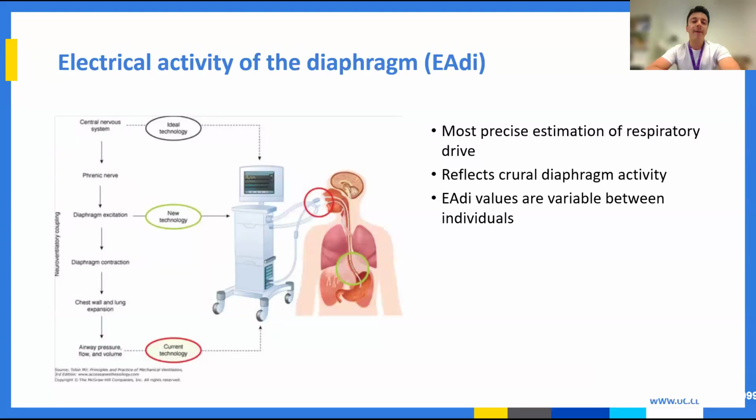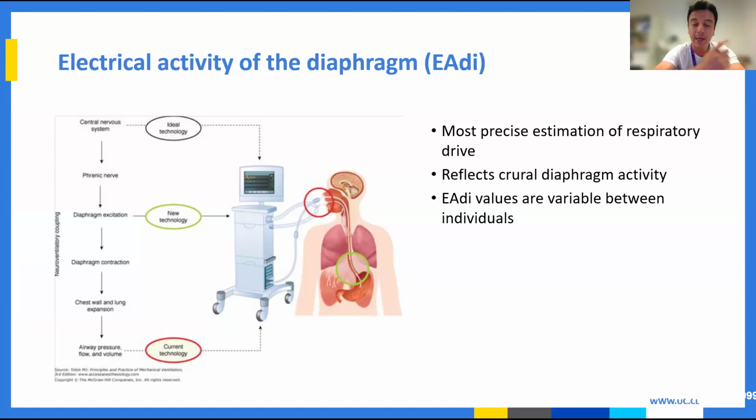One of the other invasive measurements is the electrical activity of the diaphragm. Probably it is also considered a gold standard and the most precise estimation of the respiratory drive because it's closer to the central nervous system. The thing here is that you put a catheter in the esophagus that has some electrodes.